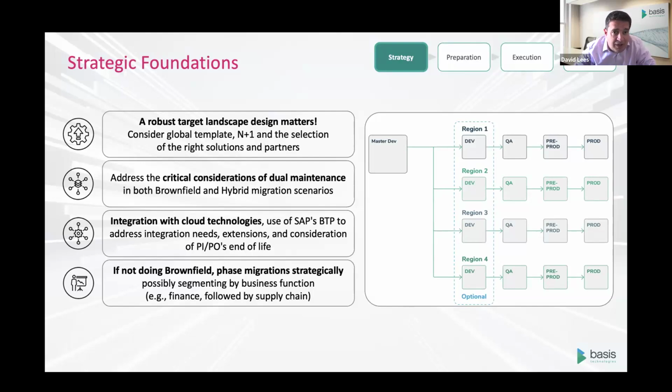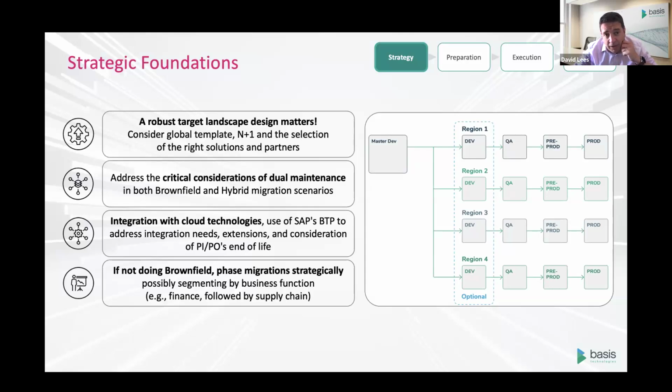Like Martin mentioned, there's a continuation, I would say, of on-stack developer options, in addition to the side-by-side extensibility options that BTP itself provides. And then if you're not doing a big bang brownfield, then you're potentially considering phased migrations. And as part of those phases, how are you going to be grouping them, bundling them?